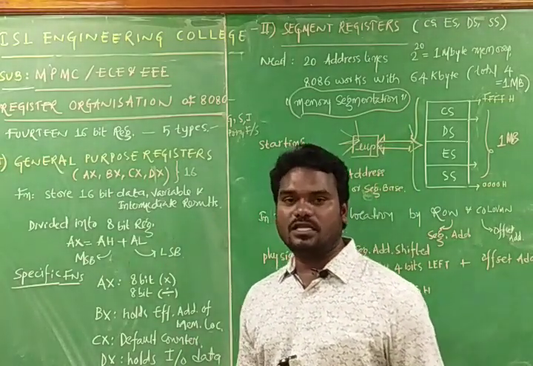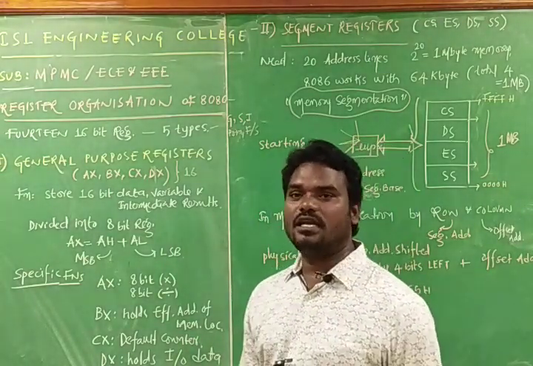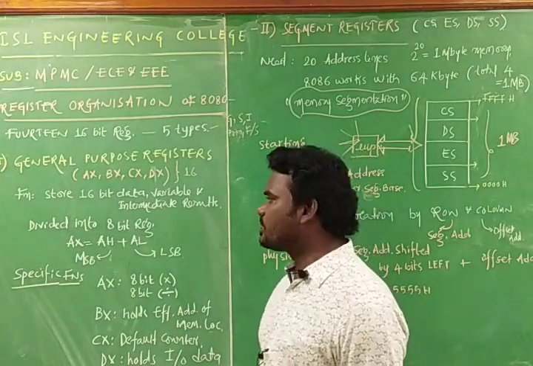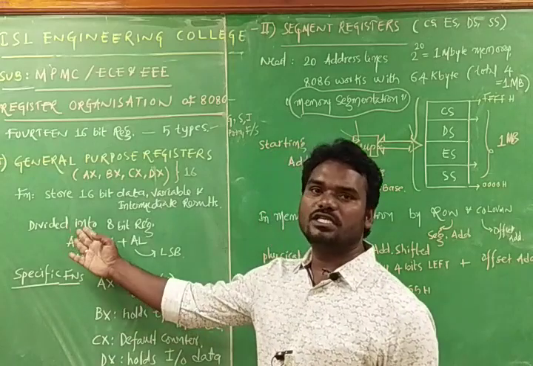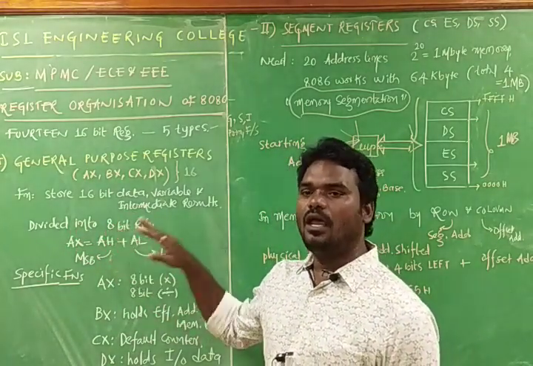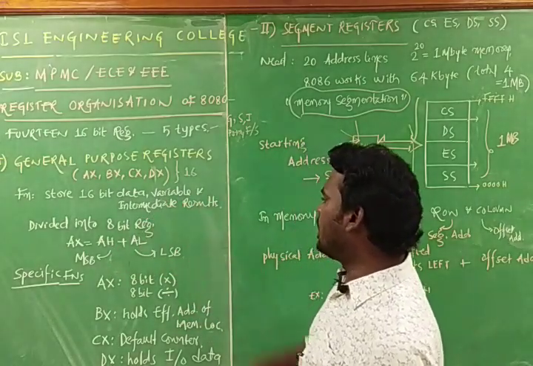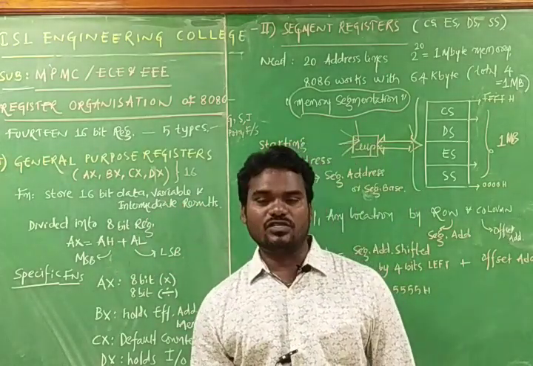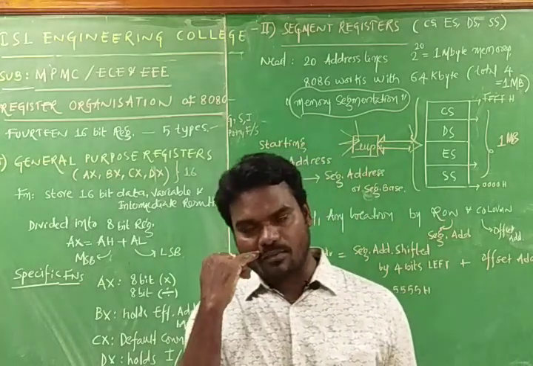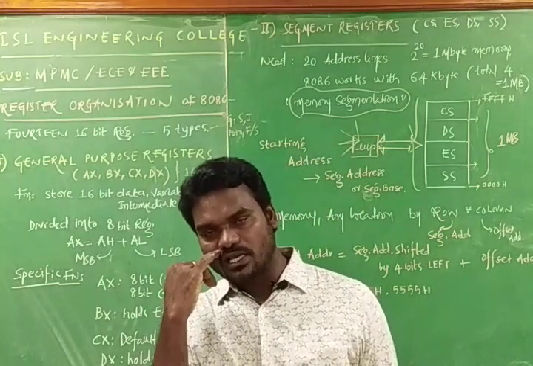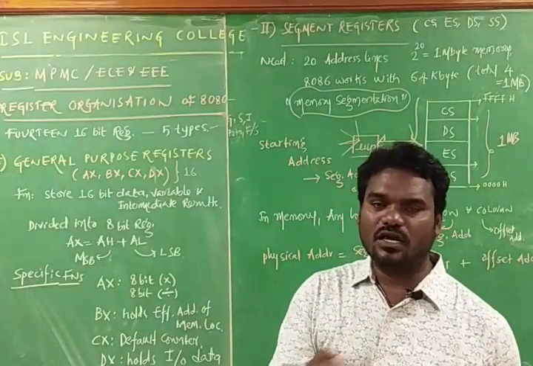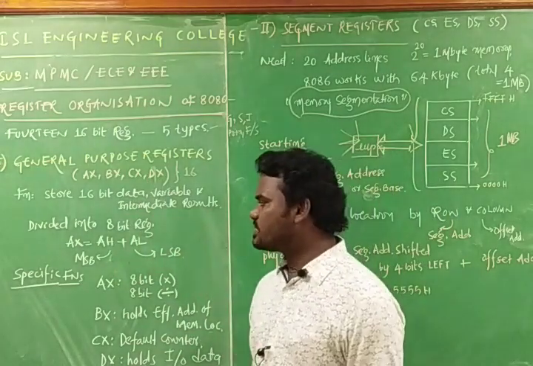So the main functionality of the general purpose registers is that they store 16-bit data, 16-bit variables, and also intermediate results, which are the results up to the point of execution when the processor is interrupted.